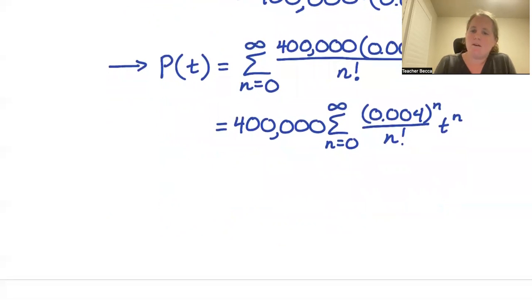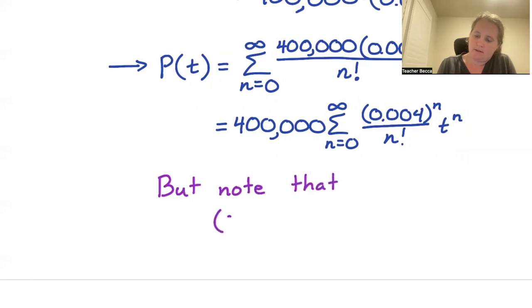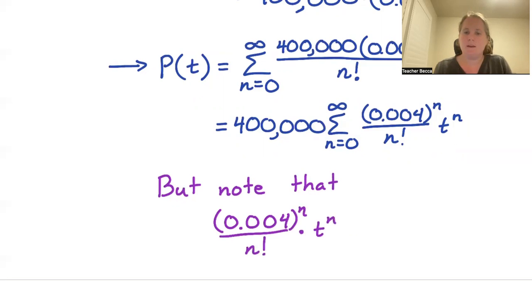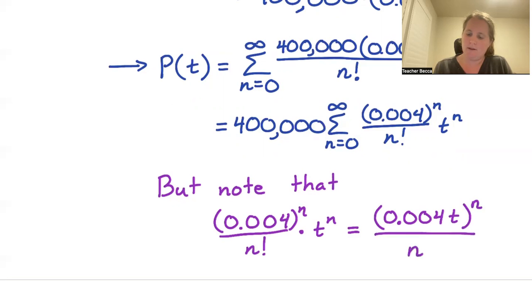Okay. But note that 0.004 raised to the n over n factorial times t to the n is precisely the same as 0.004 t raised to the n all over n factorial.